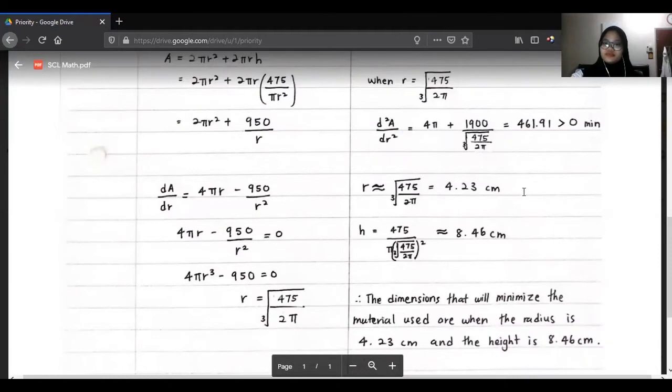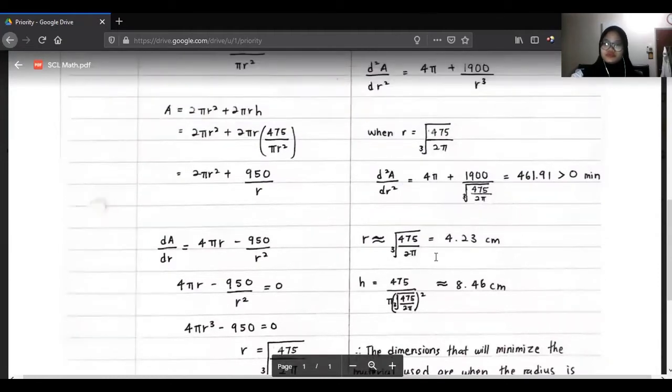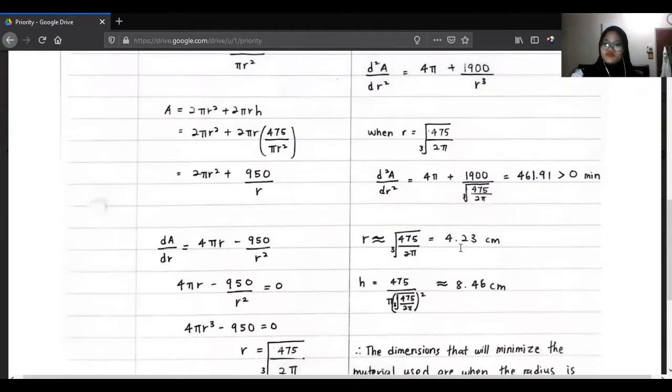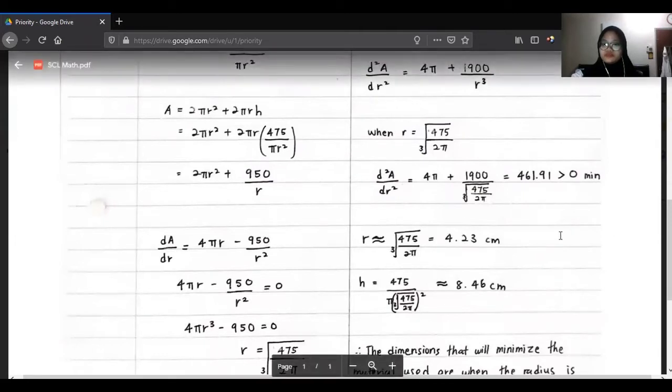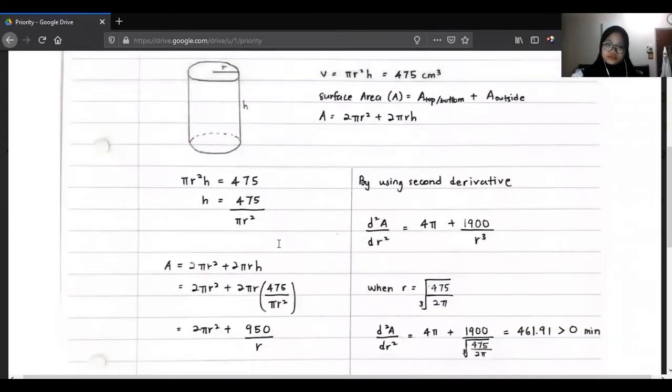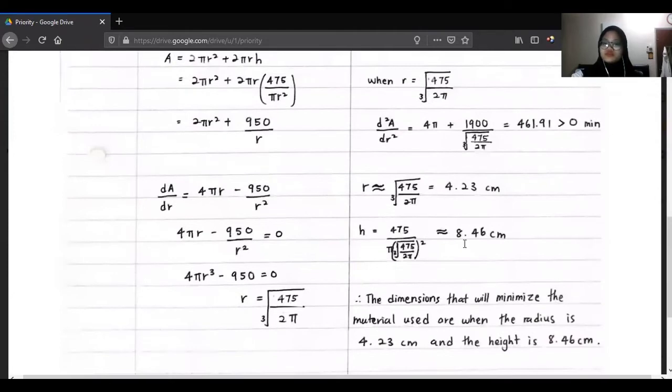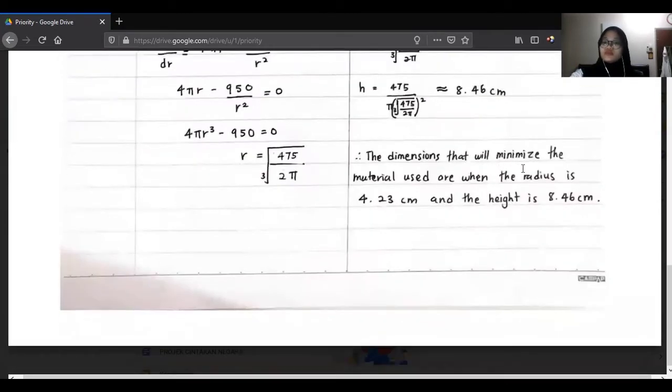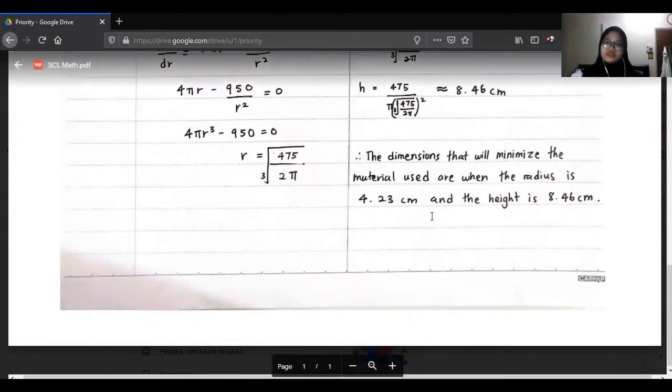So then we get r equal to 4.23 centimeter. And this value we sub back into h, which is equal to 8.46 centimeter approximately. So the dimensions that will minimize the material used are when the radius is 4.23 centimeter and the height is 8.46 centimeter. And that's all.